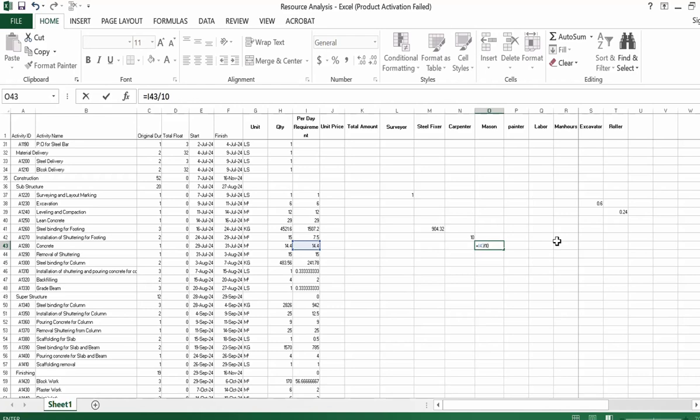Total hours we can get: 1.44 mason is required. So we will multiply it by 8 hours. So the total requirement is 11.5 hours to pour the concrete.